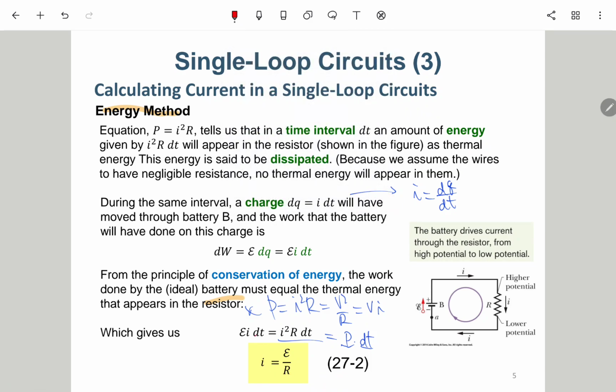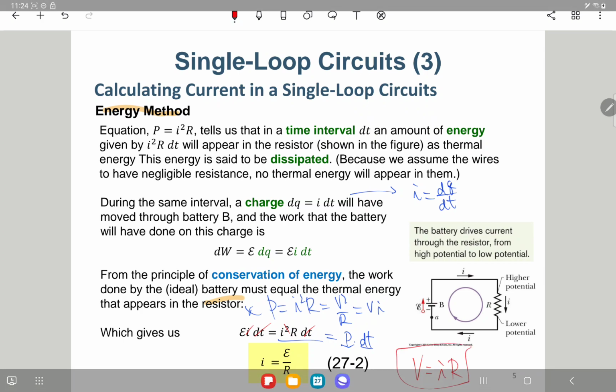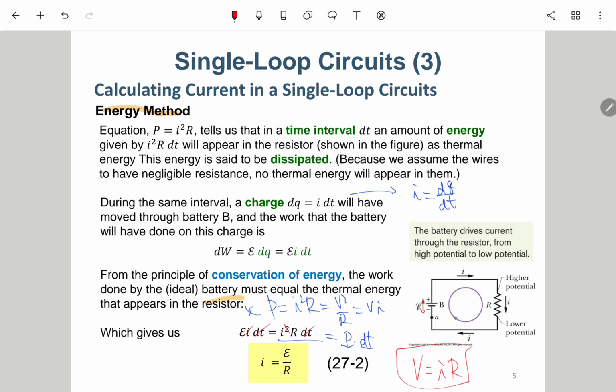Finally we cancel dt on both sides, and cancel the I on both sides. So finally we have E equals IR, or I equals E over R, which is nothing but V equals IR. So this circuit is as simple as this; we just need V equals IR. Using this energy method is, as I said, making things complicated.